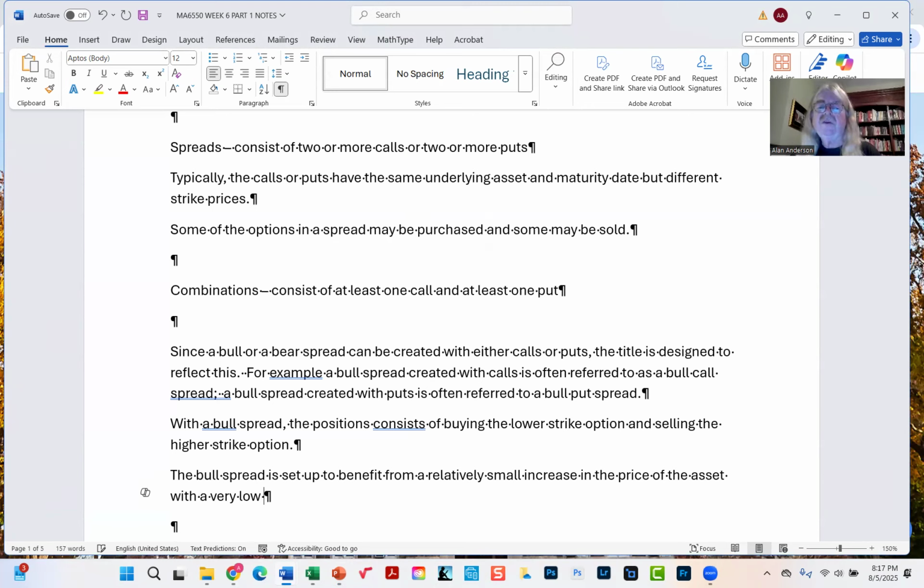Okay, if we really thought that the price might continue to rise, we probably would have just bought the low strike call in the first place. And then there would have been no point in selling the high strike call because that's what causes us to have a cap on our profits. Okay, so we have to think about where we think the stock is going.